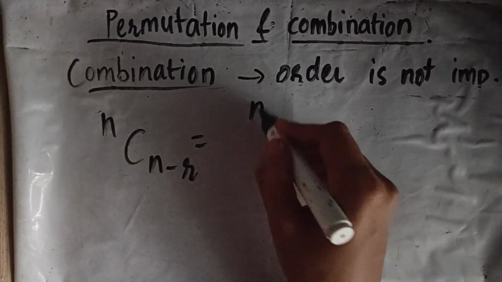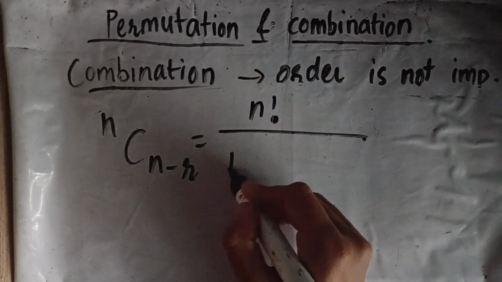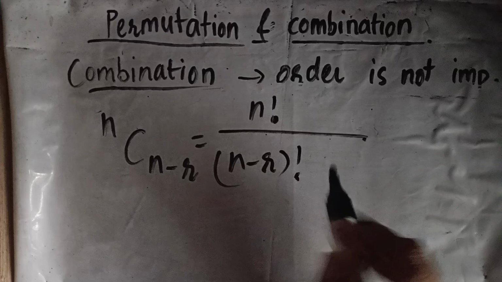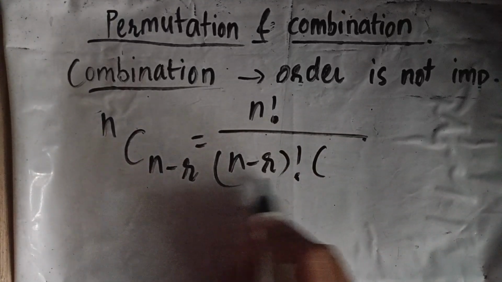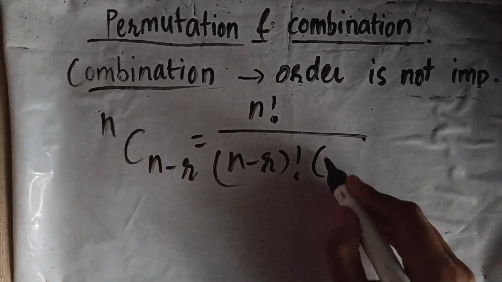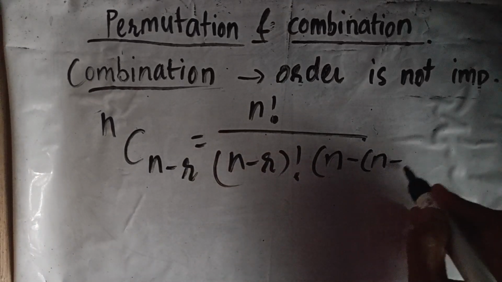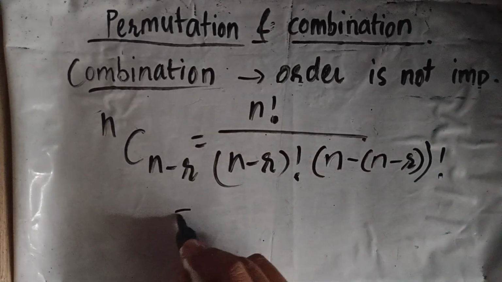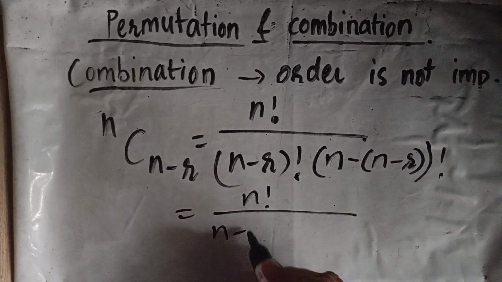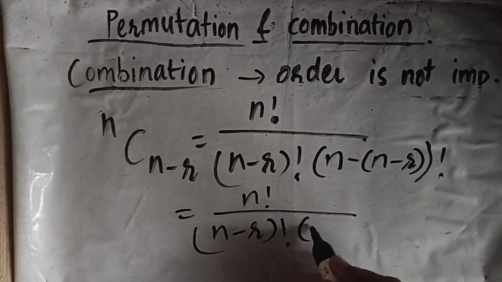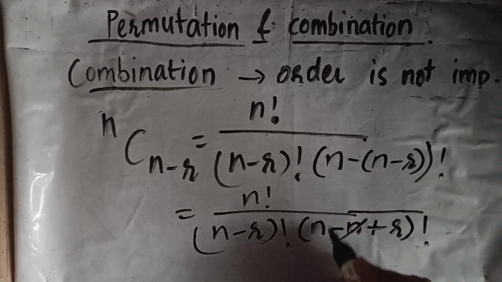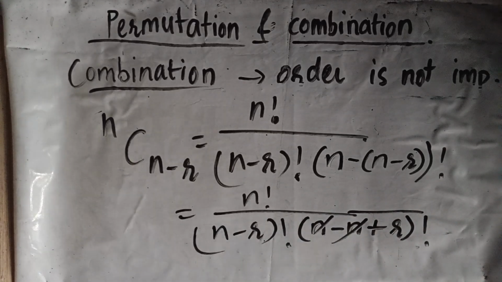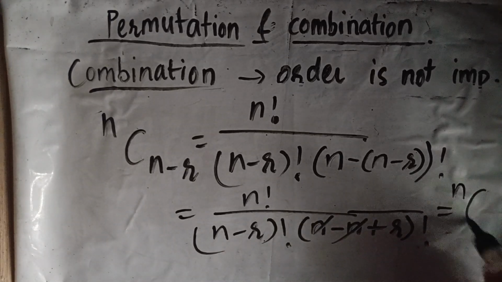This is given by n factorial upon n minus r factorial into r factorial. So this is n factorial upon r factorial into n minus n plus r, so this is n minus r factorial. Which is same as nCr.